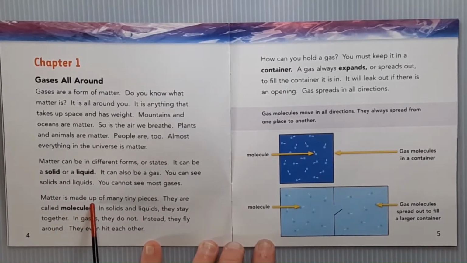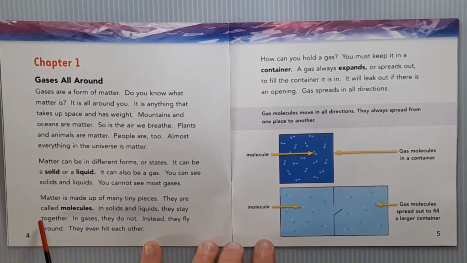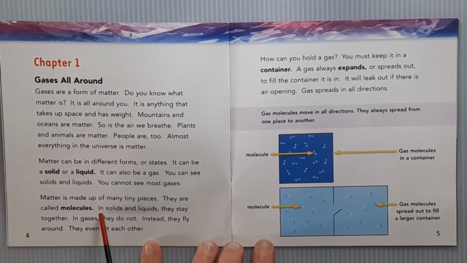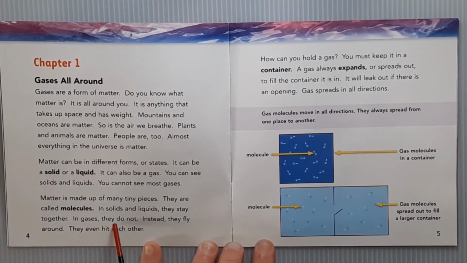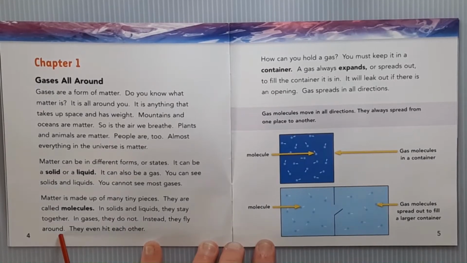Matter is made up of many tiny pieces. They are called molecules. In solids and liquids, they stay together. In gases, they do not. Instead, they fly around. They even hit each other.